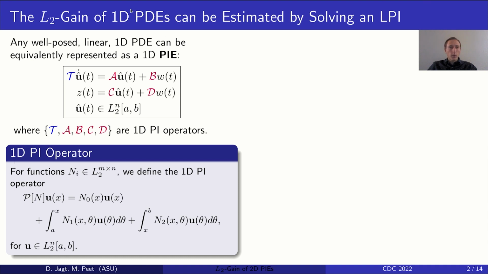Now, we note that for 1D partial differential equations, we actually already have a framework for computing a bound on this L2 gain, namely using the partial integral equation, or PI representation.